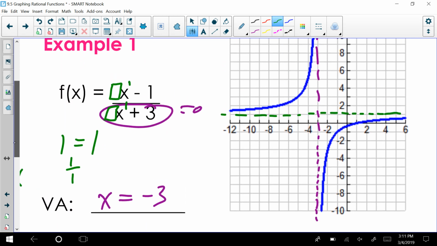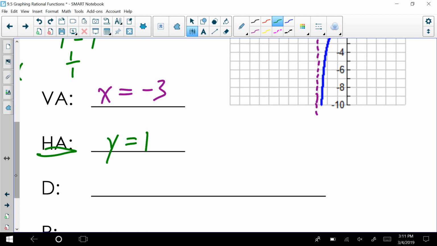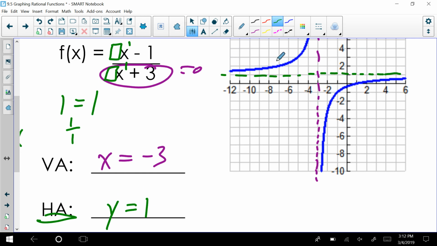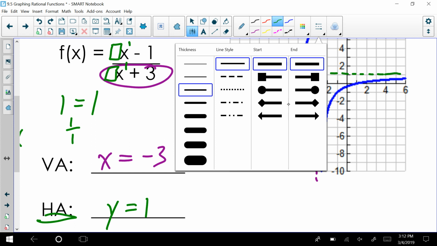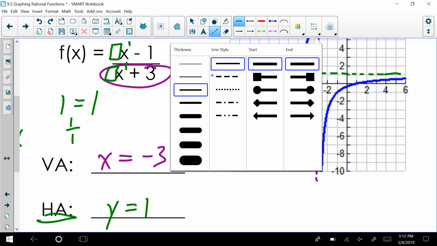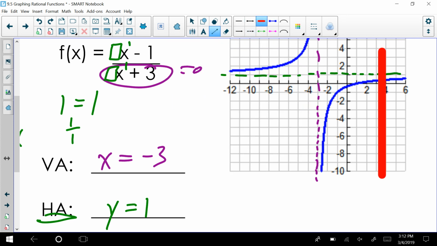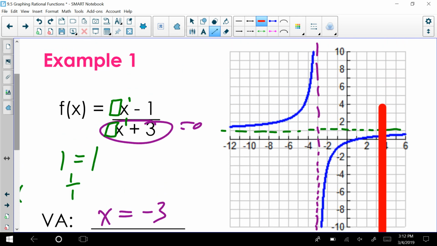Now we're just onto the domain. Well, how far to the left does this graph travel, right? If I draw a little line here, what kind of a line do I want to draw? Okay, here I'll try to indicate like I usually do in class with my hand.